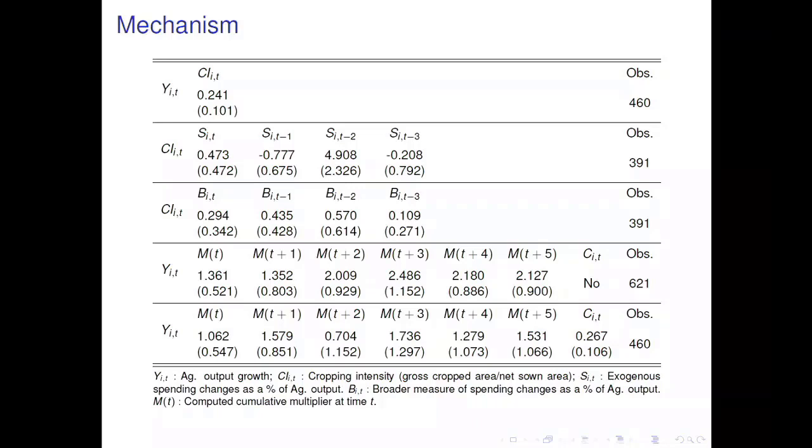But that won't be sustained if you don't have supply responses. So the idea is that you're not producing at the production possibility frontier, there is some slack. And if there's an increase in incomes, there is an increase in the total demand for agricultural product, hence total product. So part of it is still the demand story, but then it continues on with the supply side. And what we are basically seeing is that the supply side does explain quite a substantial amount of the multiplier, especially after the second year.